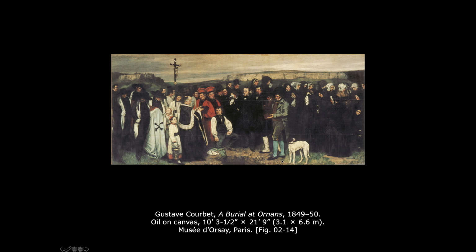The dog is just there because the dog's owner came to the funeral, and the dog is just standing there. So everything about this, the way he's compressing space, the huge scale, and the fact that these are real people, you could, at his time, have picked out who these people were, all make this very inflammatory. It's so exciting to think about how transgressive this painting was at the time.